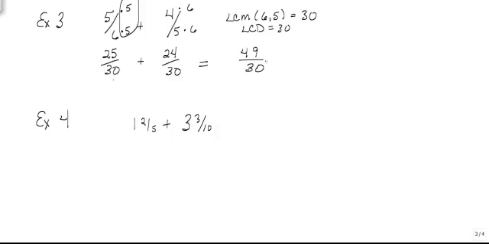If I try to reduce this, I see that they're not both even, so 2 will not go into them. And 4 plus 9 doesn't sum to a number that is divisible by 3, so 3 will not go into them. And the only other prime number that'll go into 30 would be 5, which doesn't go into 49. So this is reduced.